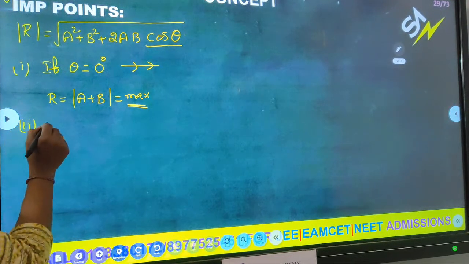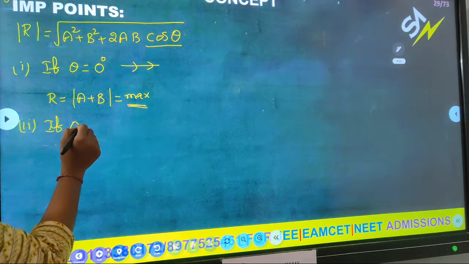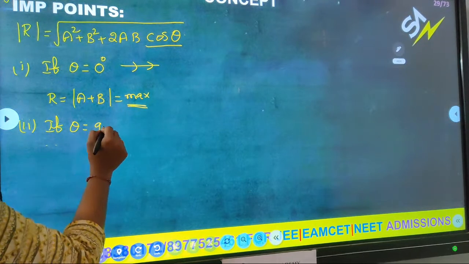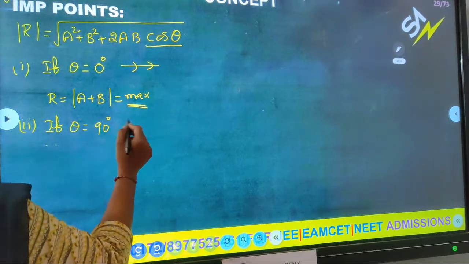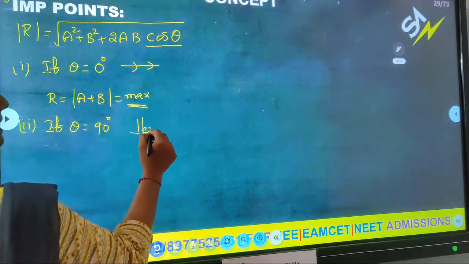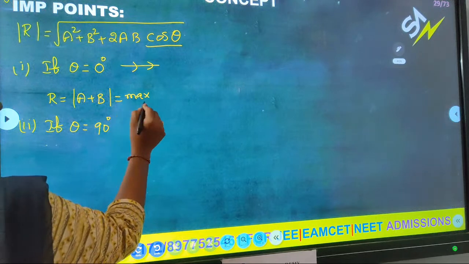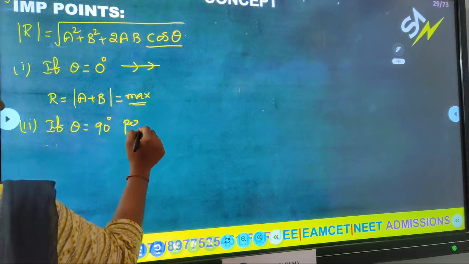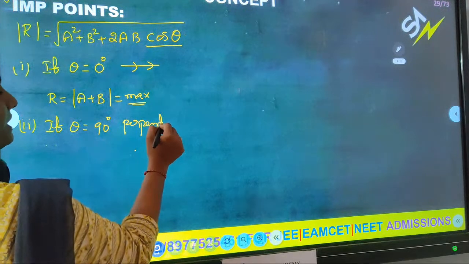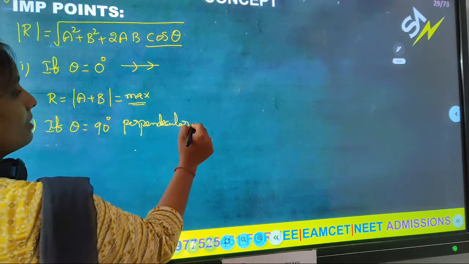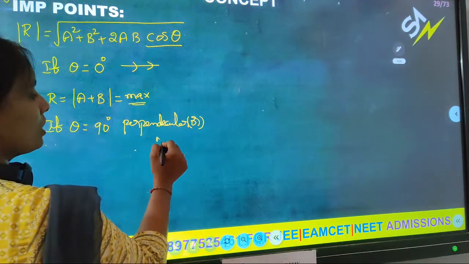And in the second case, if we take the angle between the vectors as 90 degrees, means they are perpendicular vectors, the two vectors are perpendicular or normal vectors.